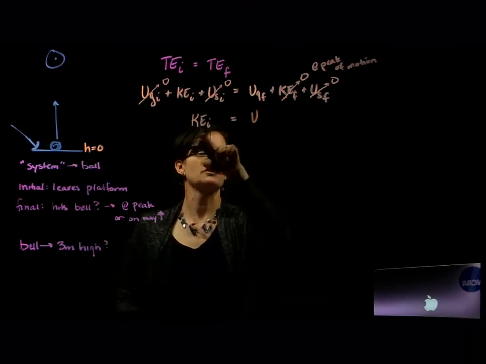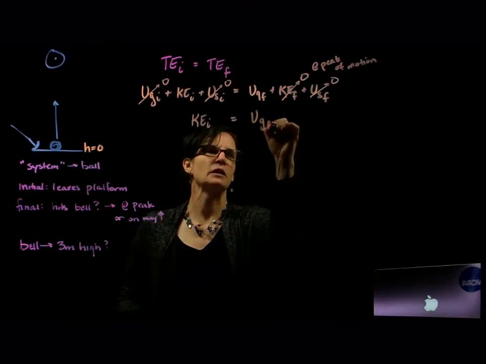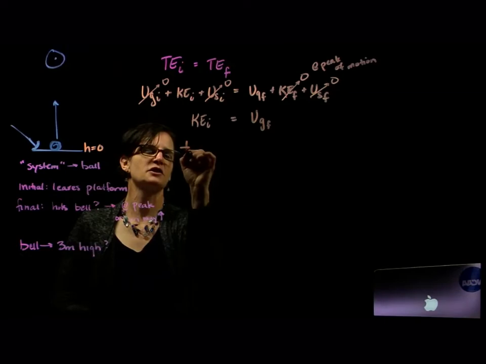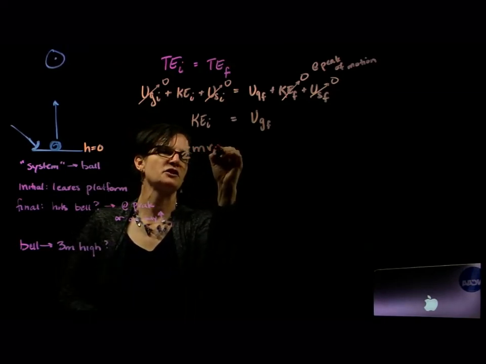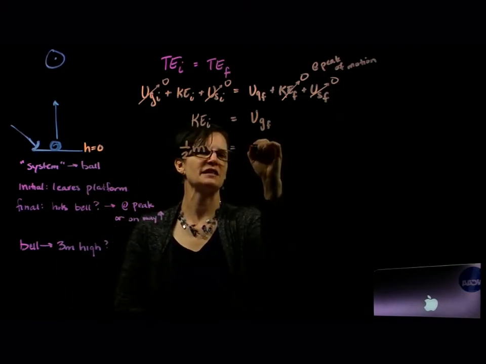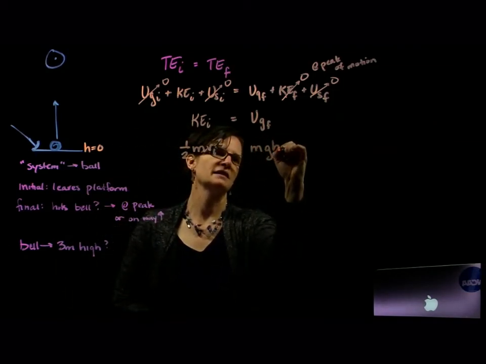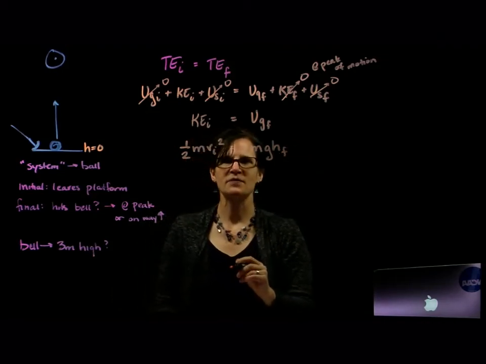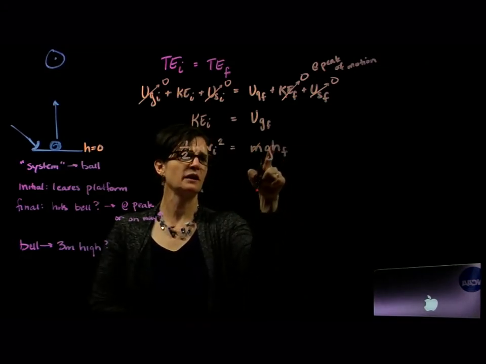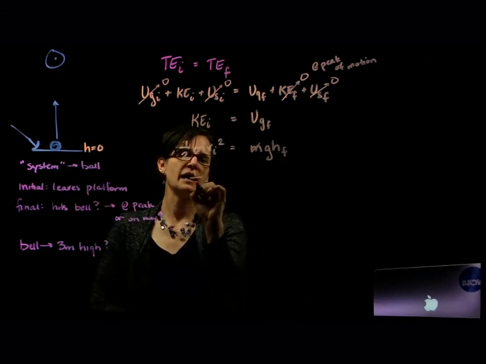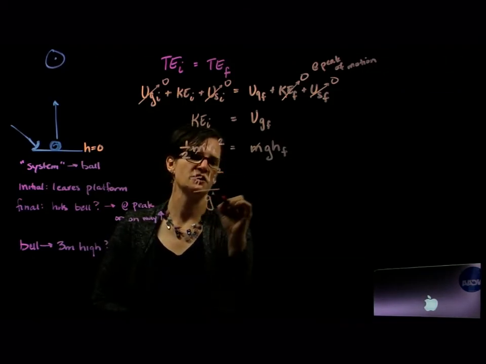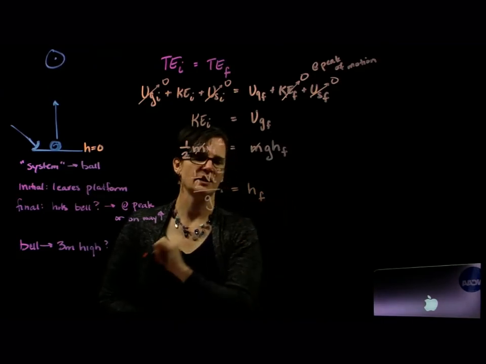My initial kinetic energy is going to have to equal my final potential energy. Kinetic energy initial is 1/2 mass times initial speed squared, and my final potential energy is mass times g times the final height. My two masses cancel out, and solving for final height, I get v initial squared over 2g.